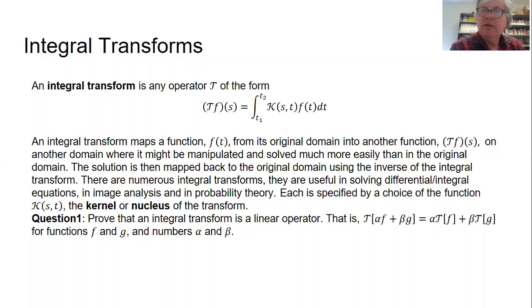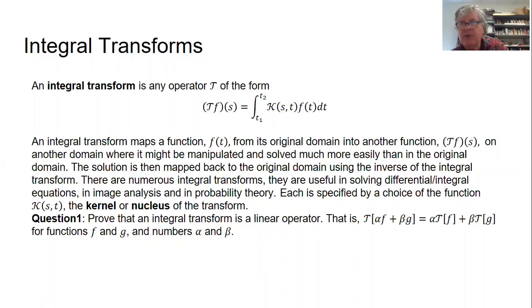So this introduces the idea of integral transforms, which is a pretty important branch of mathematics, particularly in applied mathematics. So an integral transform is an operator T of the form where you take some function, and it's some function of t, and you transform it from the t domain.